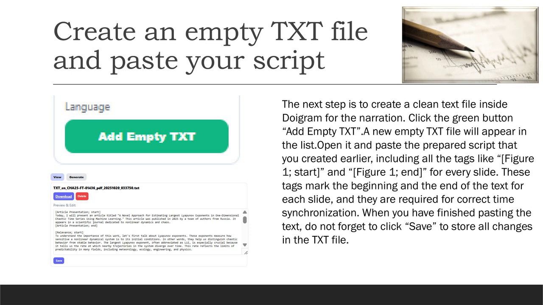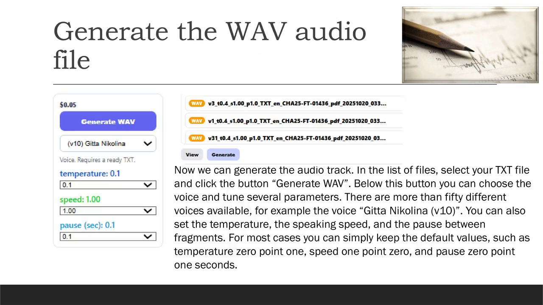Make sure that tags such as [figure_1;start] and [figure_1;end] are present for every slide. These tags mark the beginning and the end of the text for each slide and are required for correct time synchronization. When you have finished pasting the text, do not forget to click Save so that all changes in the TXT file are stored.